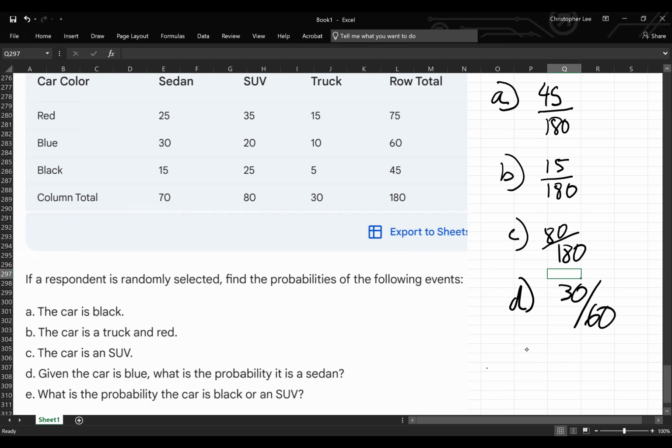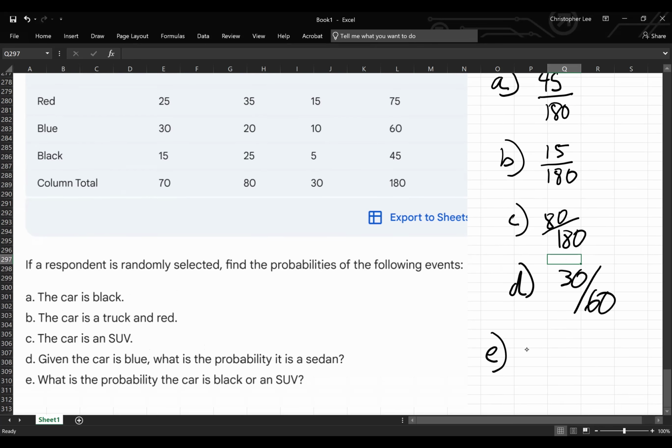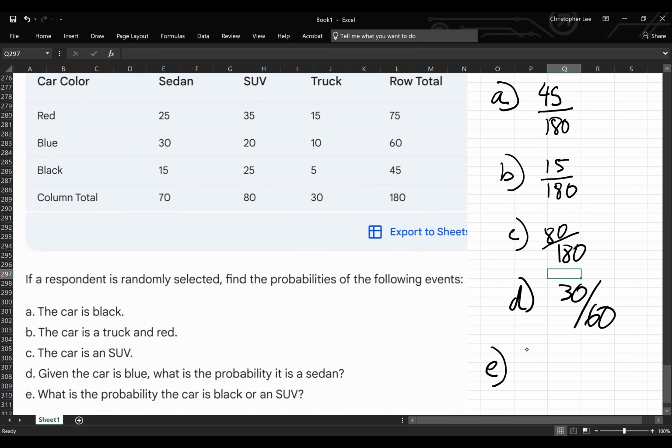How about E? E says, what is the probability of black or an SUV? So that's 15 plus 25.